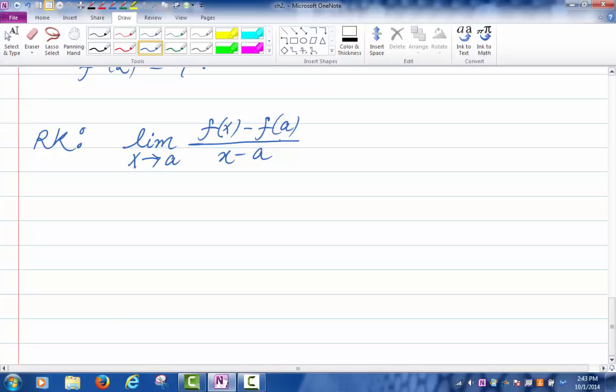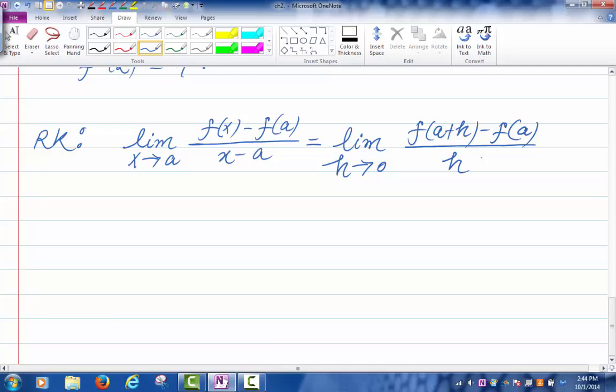The ratio that I have here is called the difference quotient of f at A. And this limit is in fact the same as the limit as h goes to 0 of f of a plus h minus f of a divided by h. So these two limits are in fact the same.